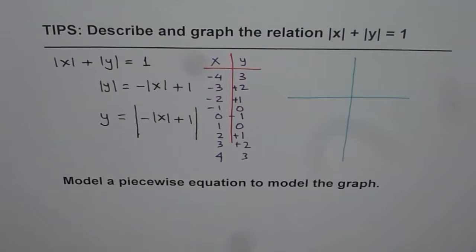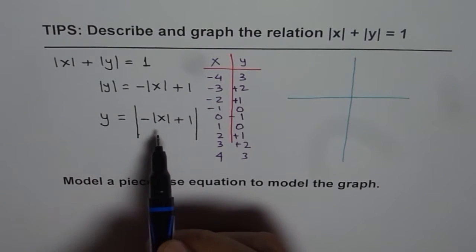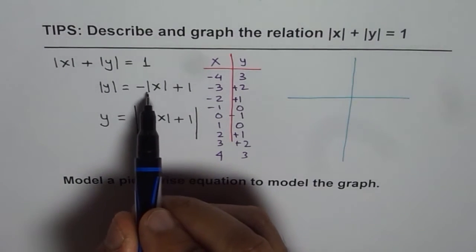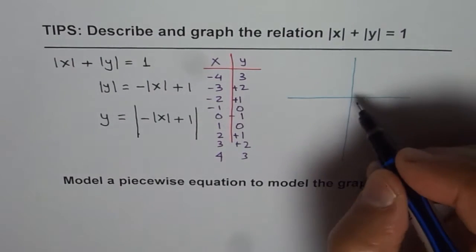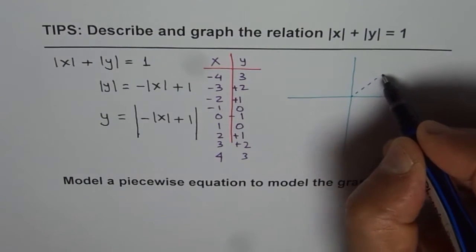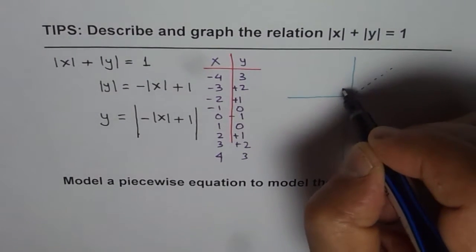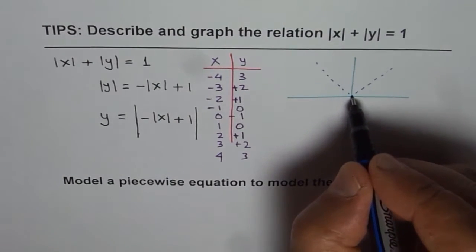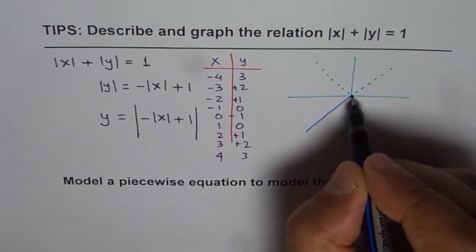Now let us see how we sketch it with the help of transformations. Let's start from inside. We'll take the function minus absolute x. You know, absolute x is a function which is like this. When we take the negative of that, we get a reflection on the x-axis.